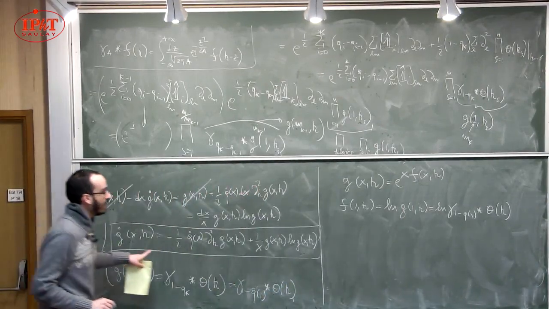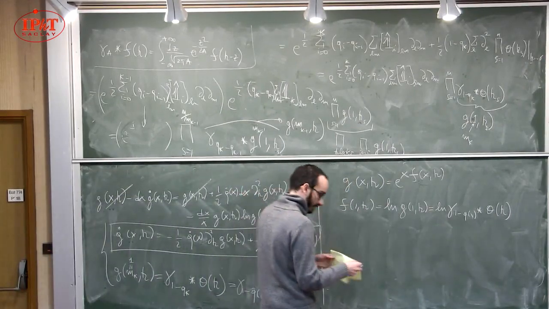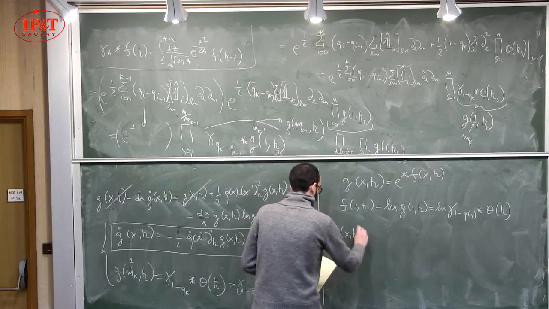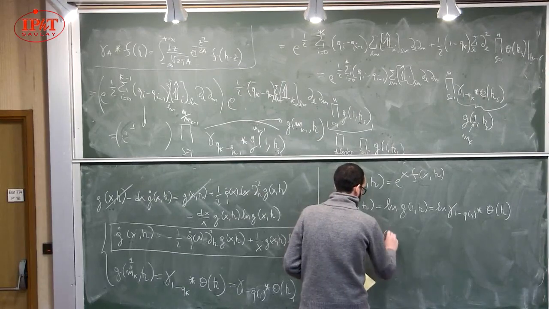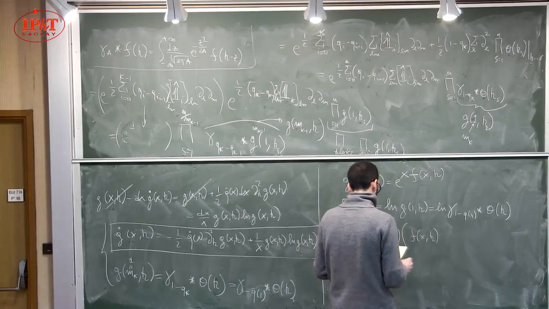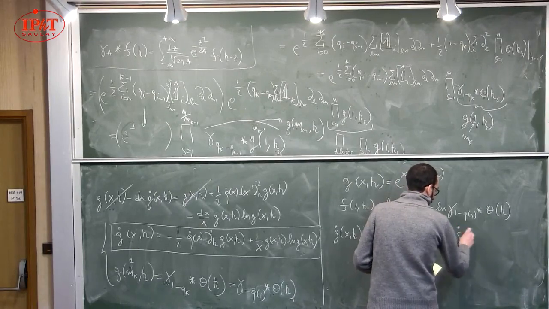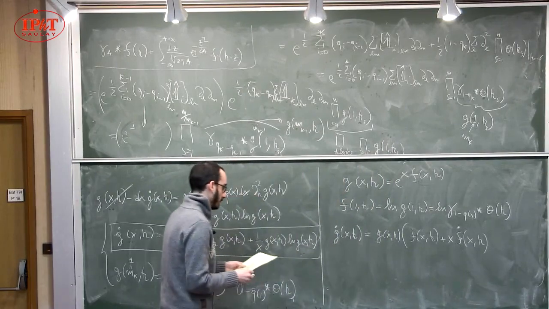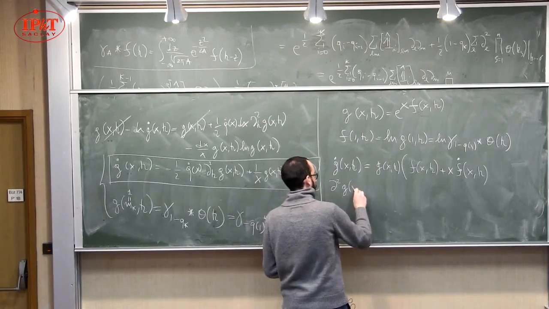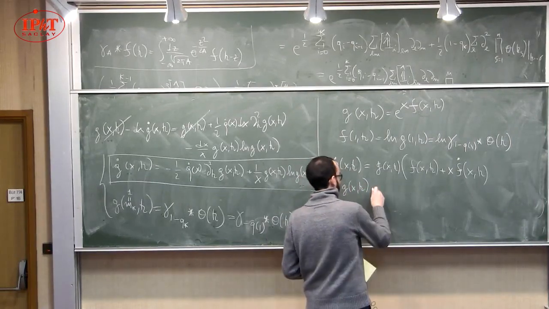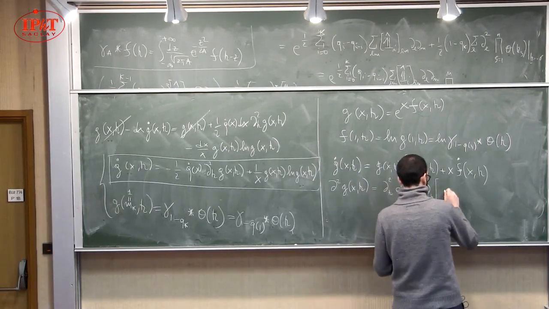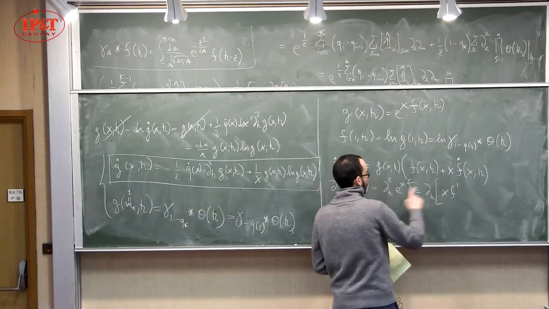Okay. Now we can plug this into this equation. So we have g dot, which is just equal to g. I indicate the derivative with respect to h with a prime.